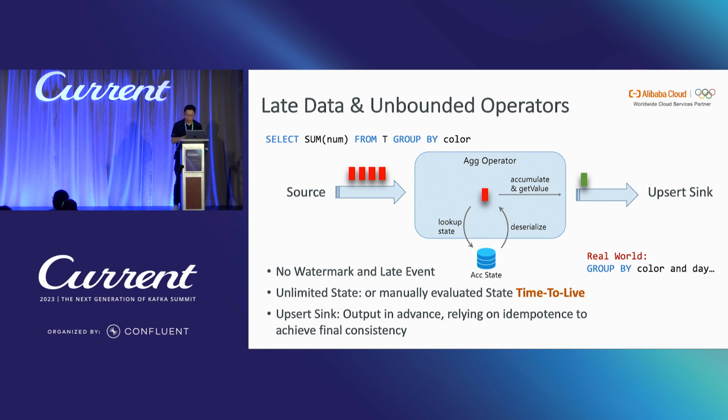The early result should not be the final result. It can be wrong. But the underlying principle is to rely on idempotency to achieve final consistency. So early data will be wrong.